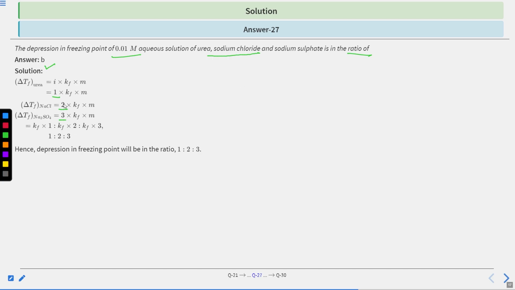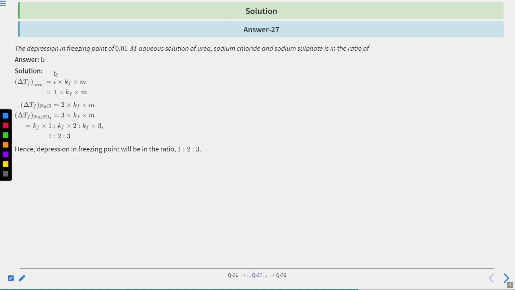In this manner, we find the ratio. Kf will be the same because we have the same concentration. So the ratio is coming out as 1:2:3. Hence, depression in freezing point will be in the ratio 1:2:3, and hence option B will be the correct answer.